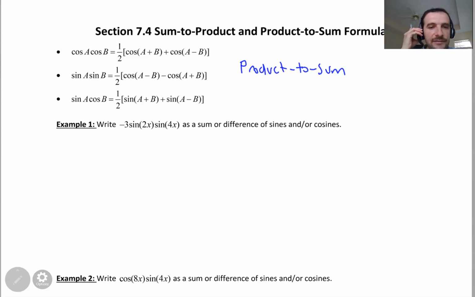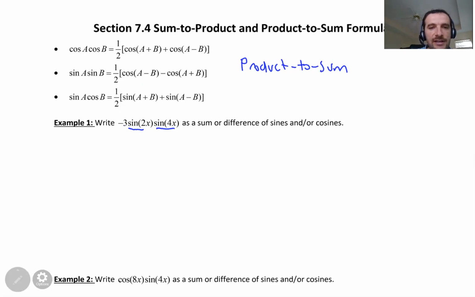Write -3 sine 2x sine 4x as a sum or difference of sines and or cosines. Okay, in this setup we have sine times sine, right? So we are gonna use the second formula since we have sine times sine, and this 3 is just a constant, so it will stay as is. -3 times. In this setup, A is 2x and B is 4x.